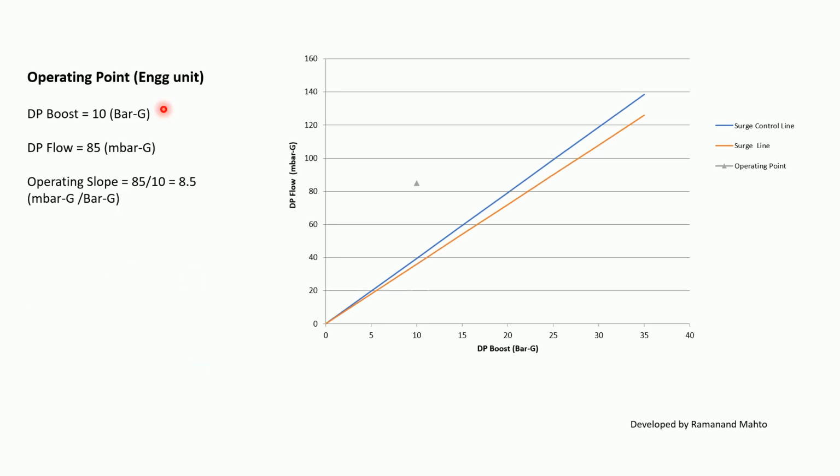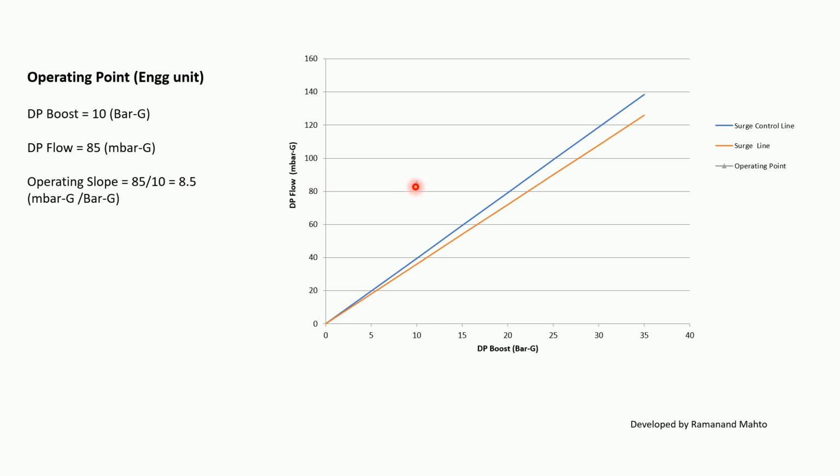Operating point in engineering unit: DP boost is 10 bar and DP flow is 85 millibar gauge. So the operating point slope is 85 by 10, which is 8.5 millibar per bar.